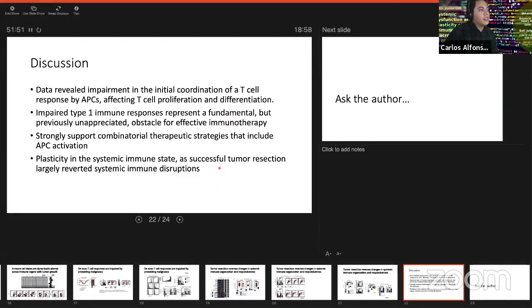And actually, the discovery that I like the most is the plasticity of the immune system, especially once they were able to remove these tumors, how the systemic basal function of the immune system could be partially put back.